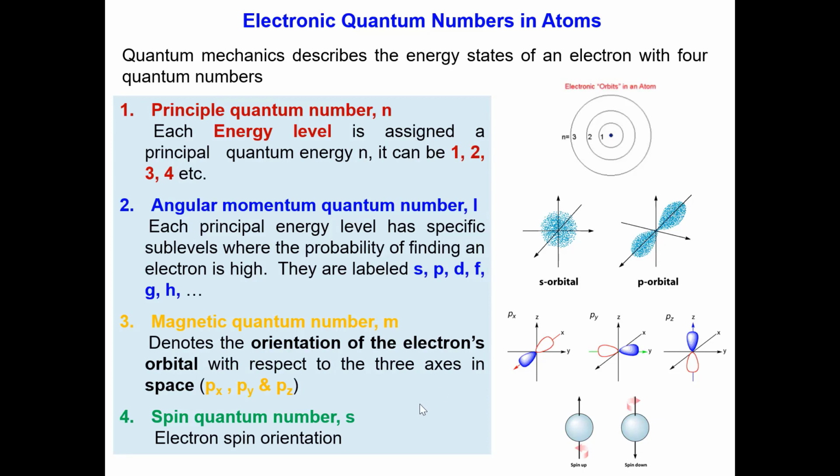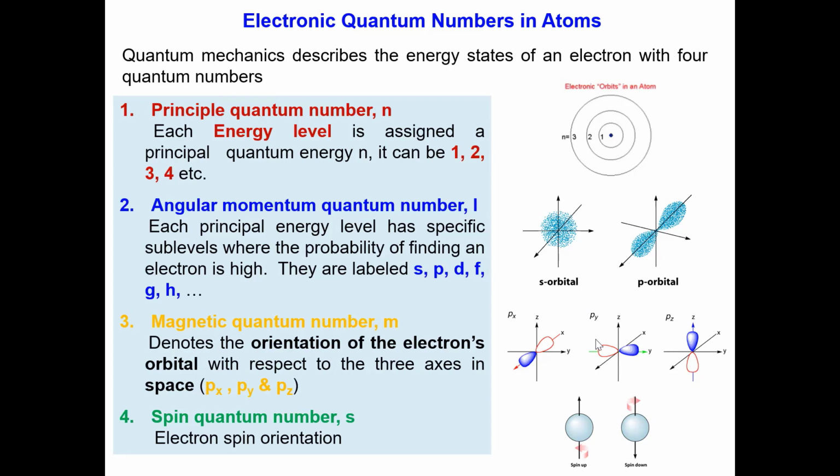The third is the magnetic quantum number, that is represented by the letter m, and this denotes the orientation of the electrons along the axis. For example, if we have the p orbital, then this corresponds to the orbital along the x-axis, and this is why it's px.